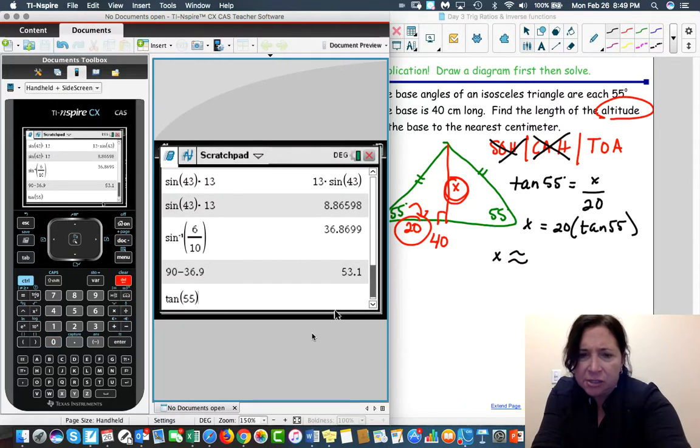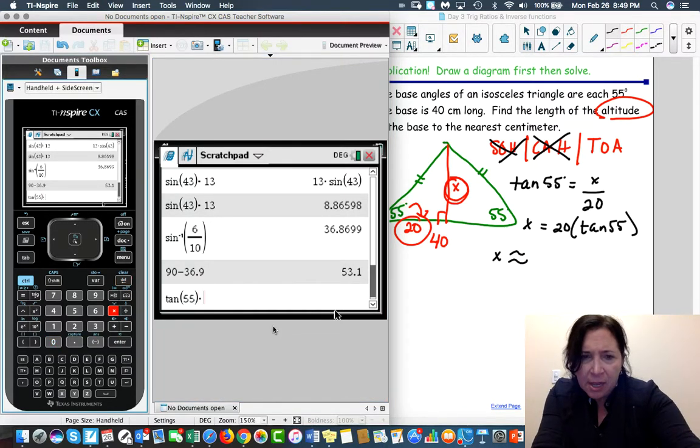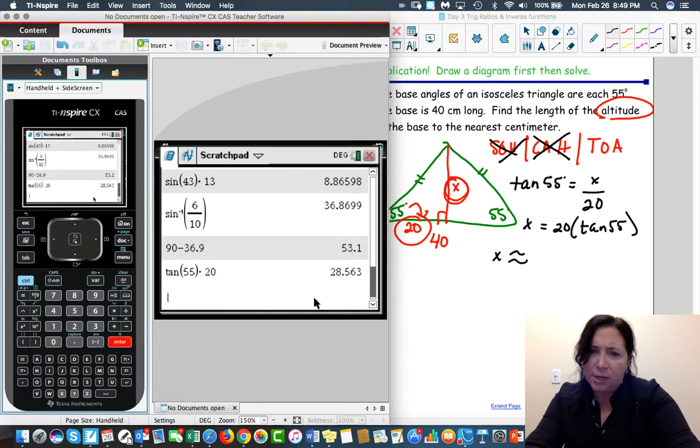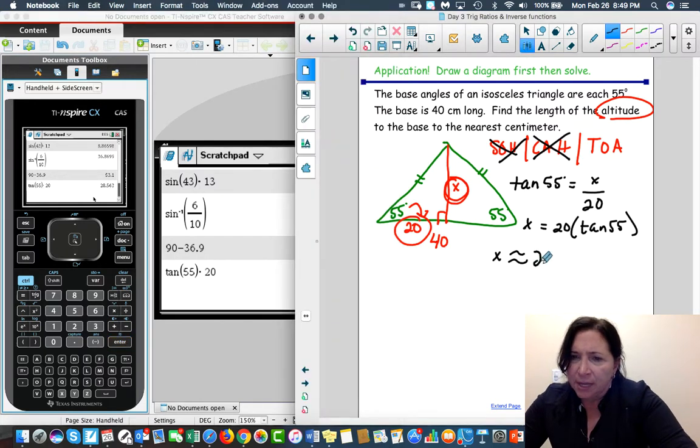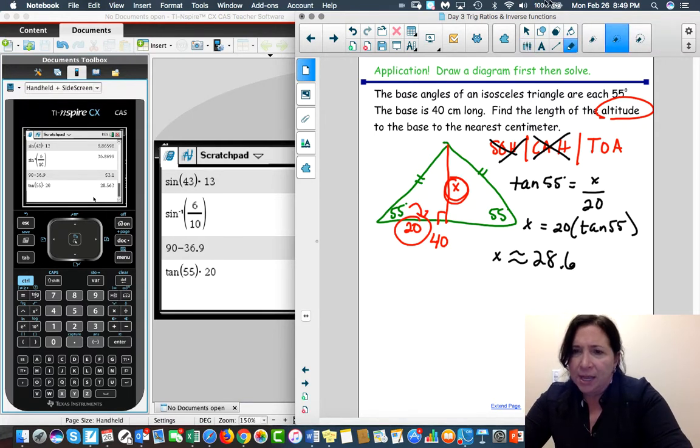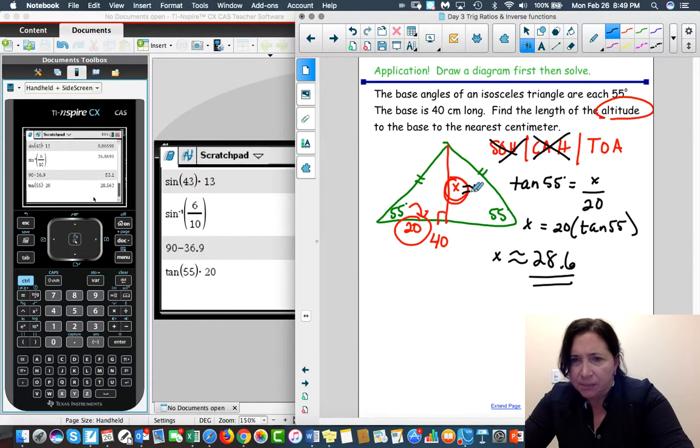None of my numbers have decimals in them, so I do need to press Control equals, and that's 28.6. Actually, that's not a degree. Hold on one second. 28.6 is the length of my altitude.